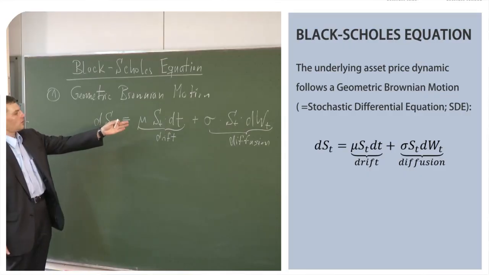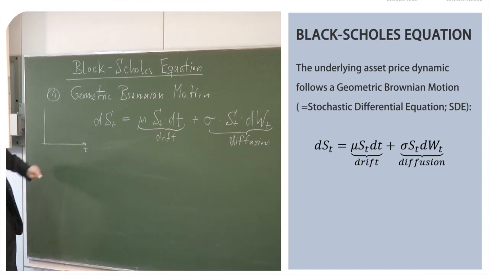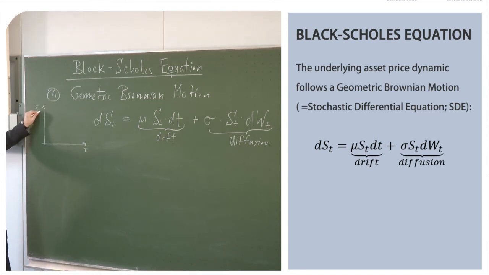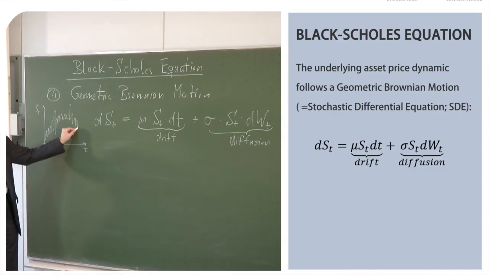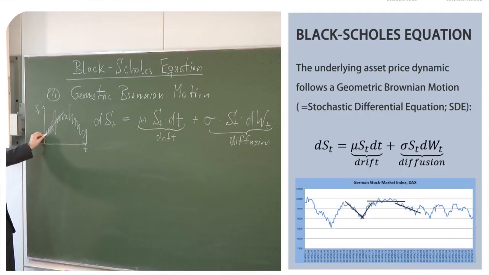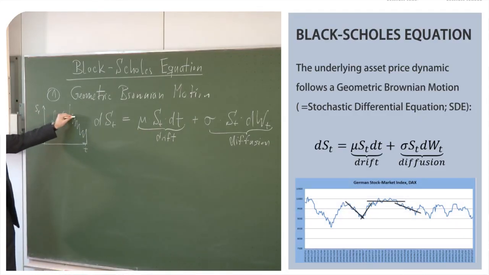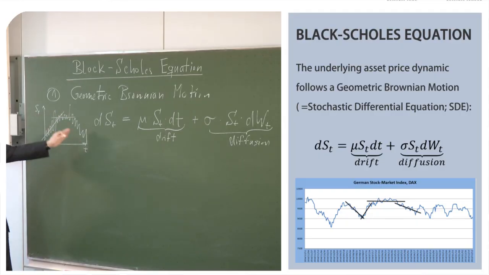So if I want to illustrate this equation in a graph, well, I can say this is the time, and here we have the stock price of Microsoft. And then over time, the stock price moves up and down with a certain volatility, something like that. And now you see there are different behaviors. First of all, there is a trend upwards, a positive drift. Then maybe in the meantime of this time horizon, there's a sideways trend.